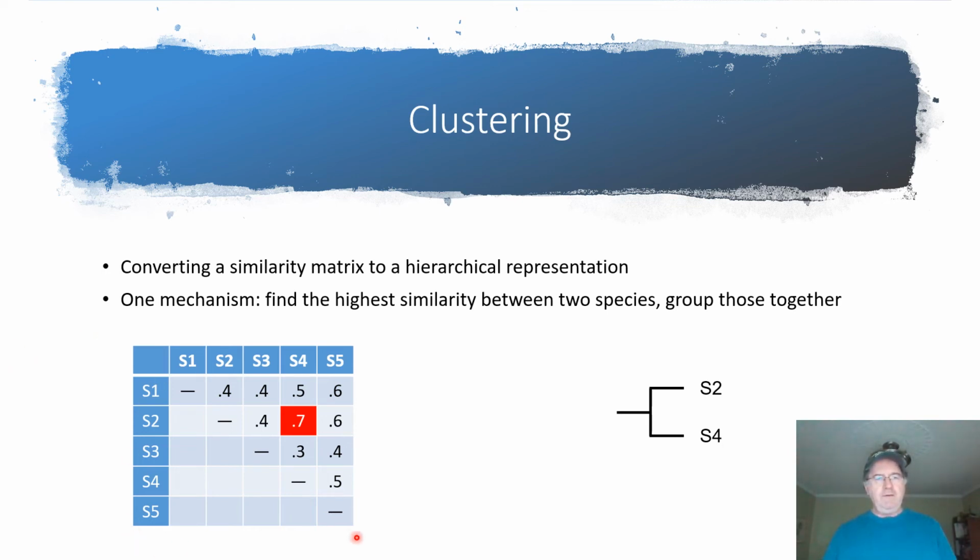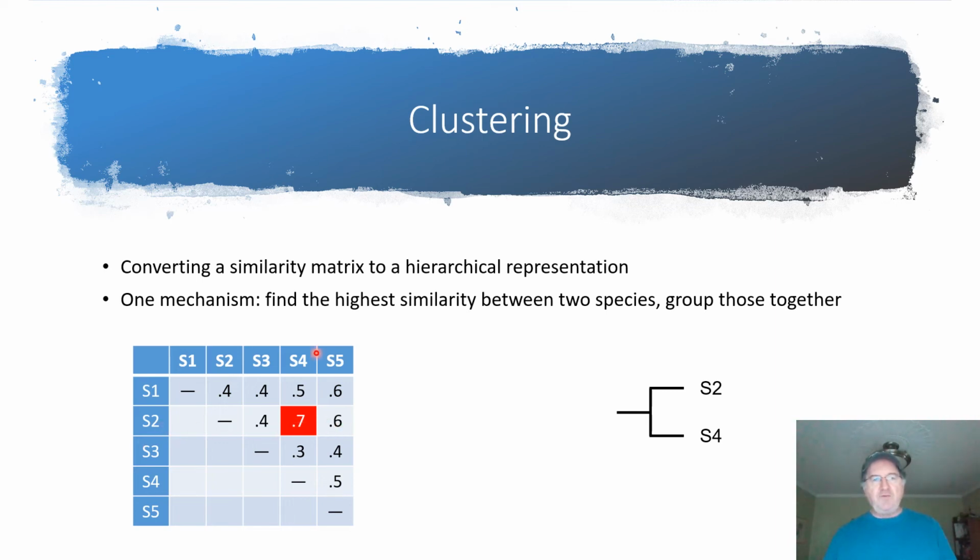So here in this illustration, that's the same similarity matrix that I ended up with last time. And at this stage, we want to look at the values in the similarity matrix and find the pair of OTUs that are most similar to one another. So we peruse through this, and you can obviously see that the answer is 0.7.